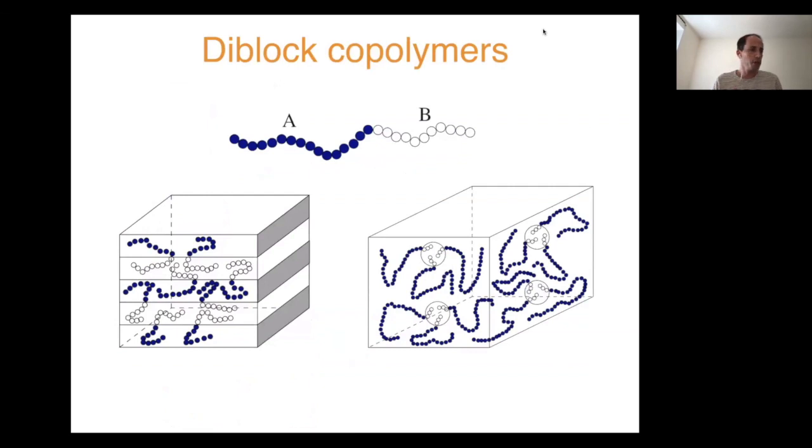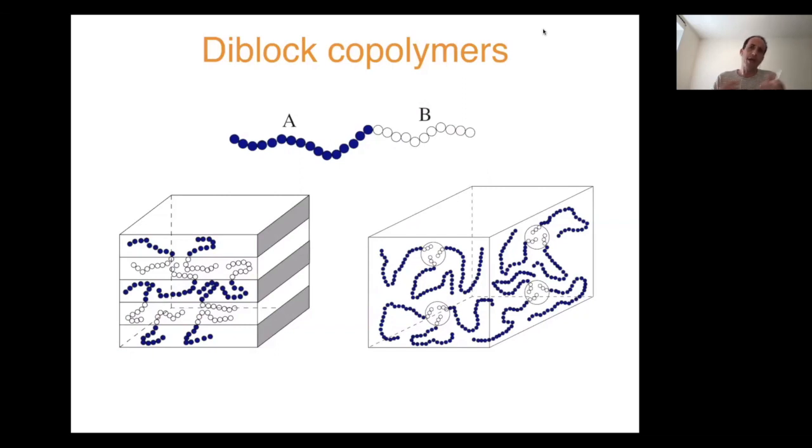So the Ohta-Kawasaki model is a model for diblock copolymers. These are very, very long molecules, which consist basically of 2 pieces that are stuck together. So they have an A end and a B end. All the B parts like each other, and all the A parts like each other, but A does not like B. But they have to be together, because together they are one molecule.